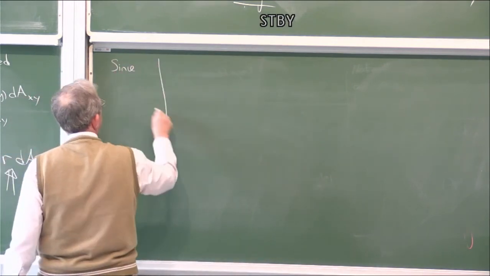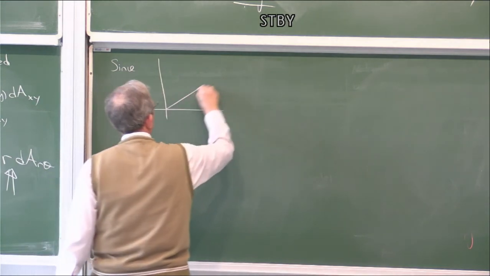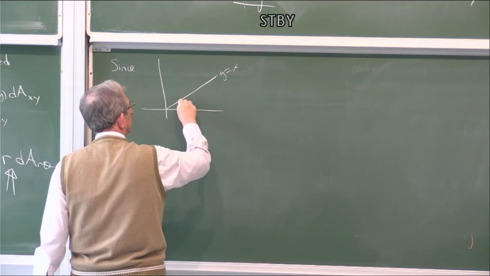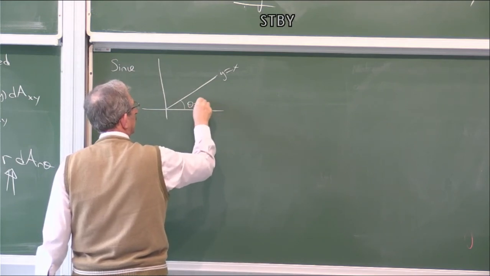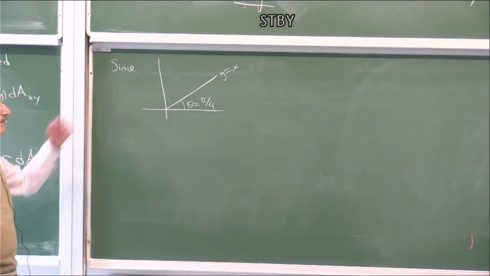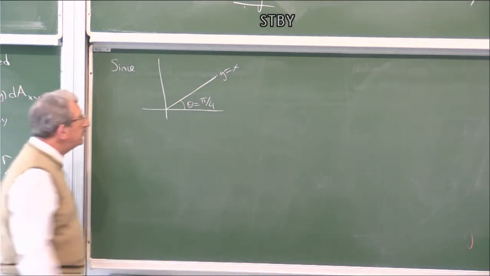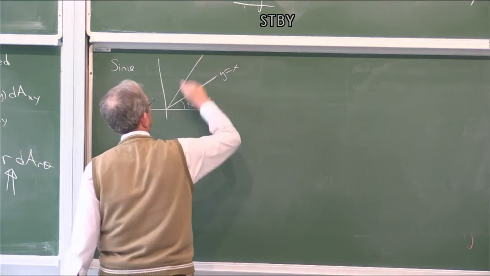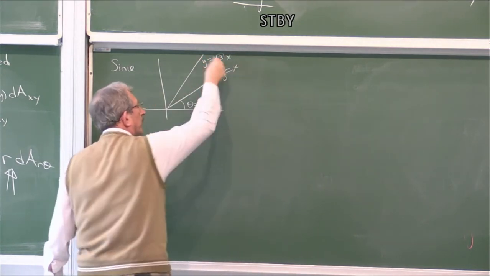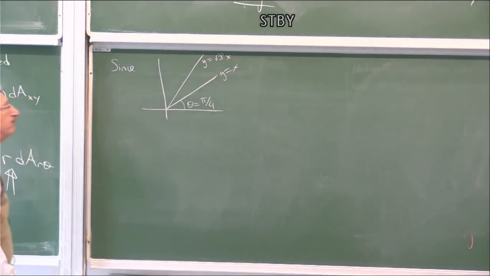Since we have here y = x, clearly θ is π/4 because tangent is 1. Similarly here, y is √3 times x.